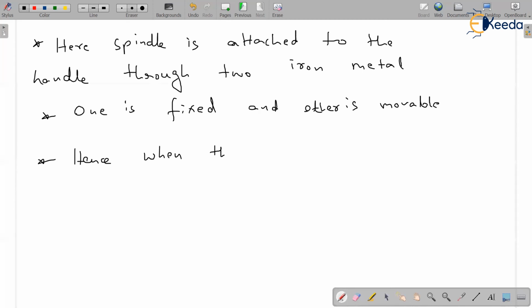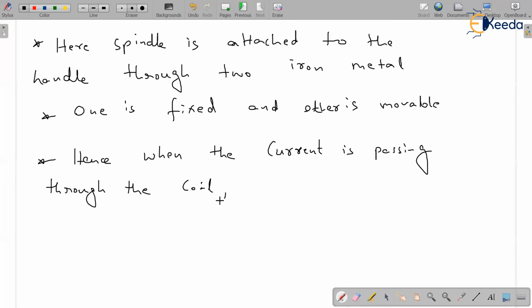Hence, when the current is passing through the coil, the two iron pieces have the same polarity.